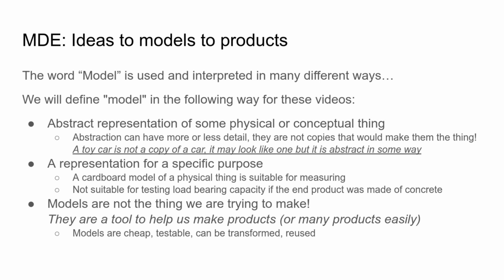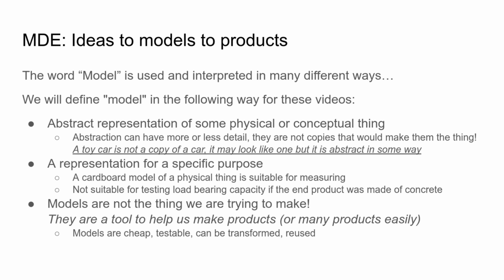The next point that we need to consider is that our models are representations that we create for a specific purpose, and that certain models are created with a particular purpose in mind, and as such wouldn't be useful or may not work for other purposes. For example, we could make a cardboard model of something physical that we intend to create.